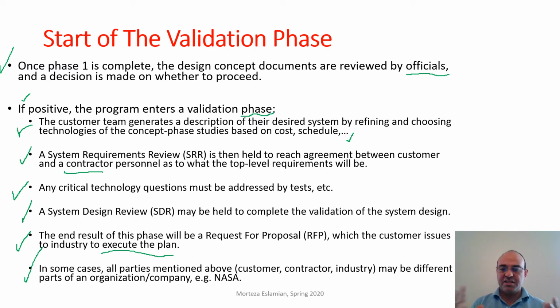These three or more sections may be just in one big company, or the customer may be NASA and then the contractor may be a different company or another part of NASA, and the industry may be different. So you should keep that in mind.